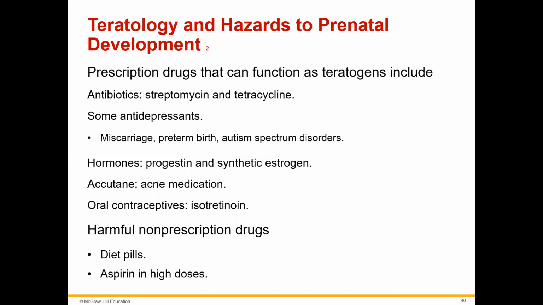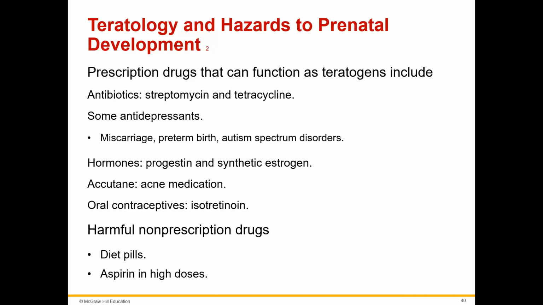We'll go over a number of different teratogens here, beginning with prescription drugs such as antibiotics, antidepressants. We don't need to get into all the specifics here. Hormones, Accutane. Accutane is really bad.